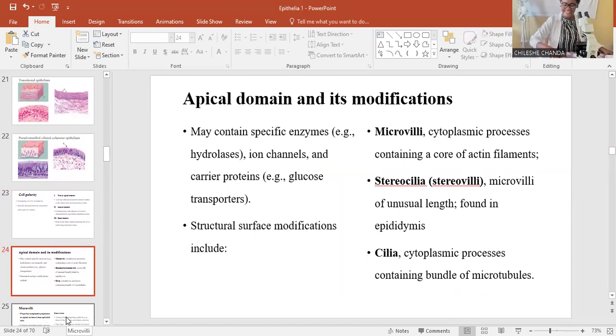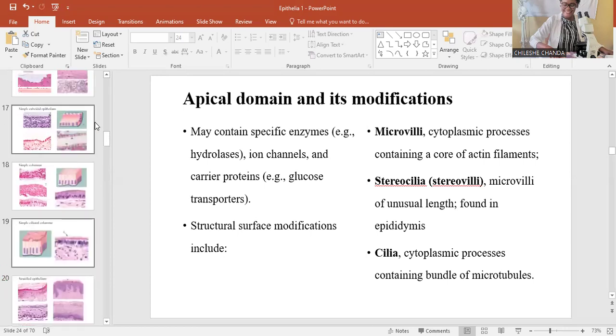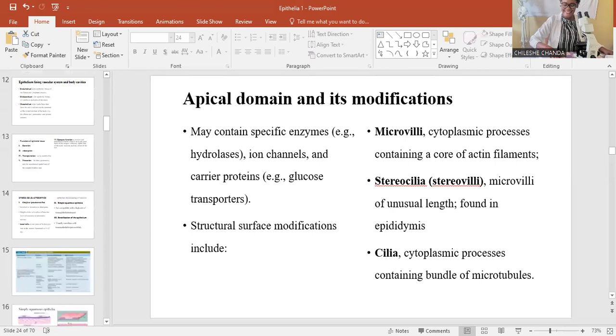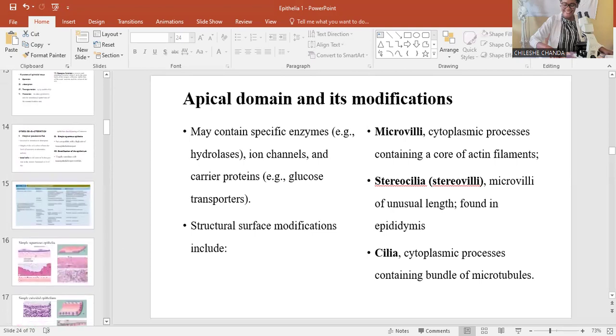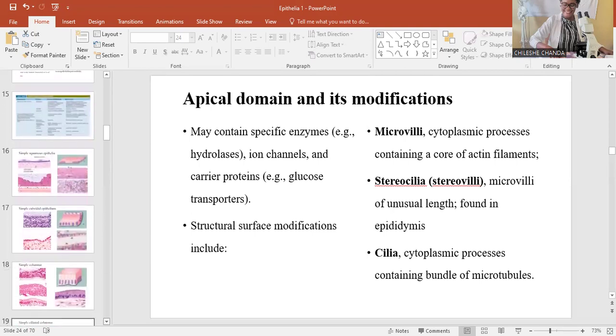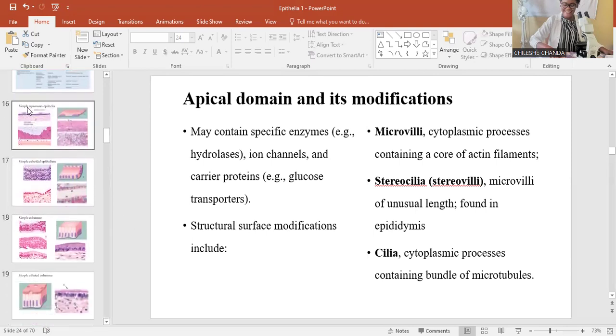The other surface modification would be the presence of cilia. On top of some cells, you're going to find hair-like projections. You may be able to know some of these areas, such as the respiratory tract, the air passages of the respiratory tract.